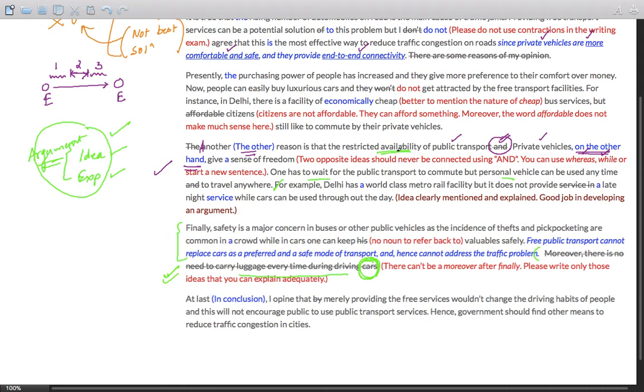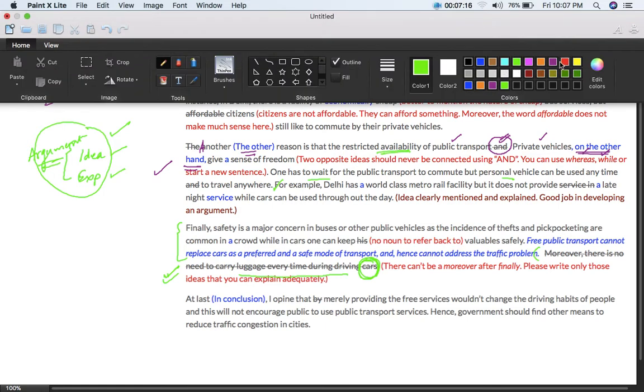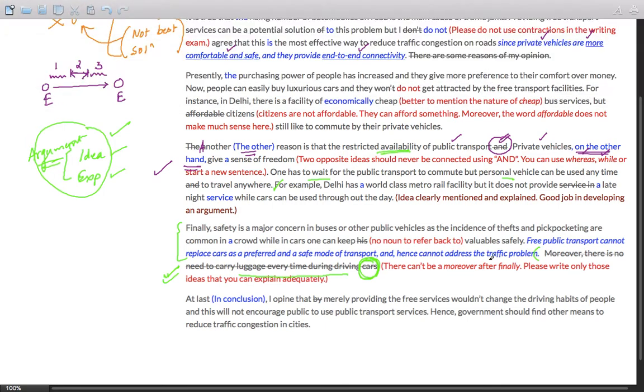Another element I would like to emphasize over here is, let me use this color. Go through this sentence. This is itself very well written and there is no need of further explanation. However, there is something which is missing. Just go through it.